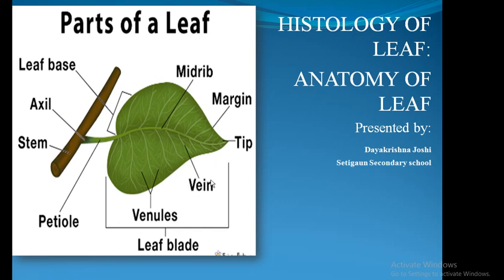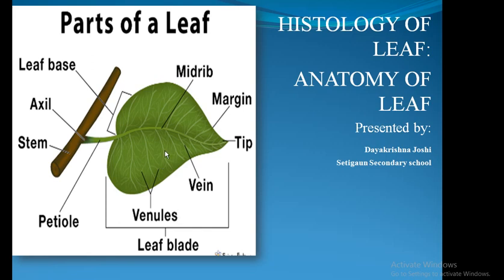These are called veins, and from the veins a number of other smaller veins arise, and these are known as venules. This area from here to the side of the leaf towards the tip is known as the venules.